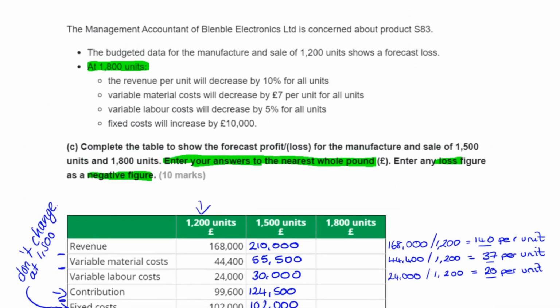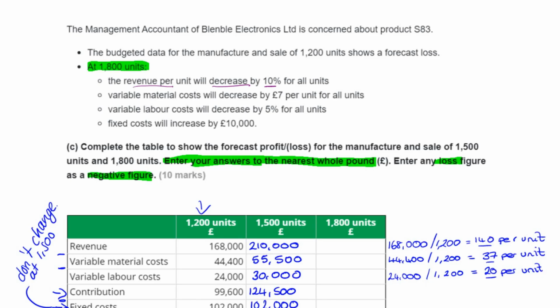Now we need to have a look at 1800 units, and at this time it's not quite as simple as flexing the budget because we need to take into account the information that we're given at the top. So we're told that the revenue per unit is going to decrease by 10% for all units at that level. So the first thing that we're going to do is calculate now our new unit cost.